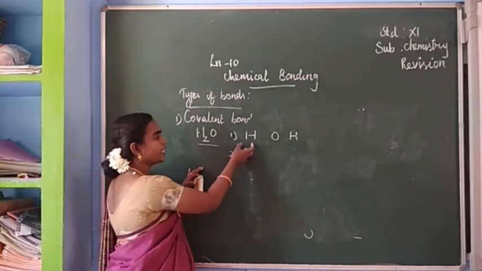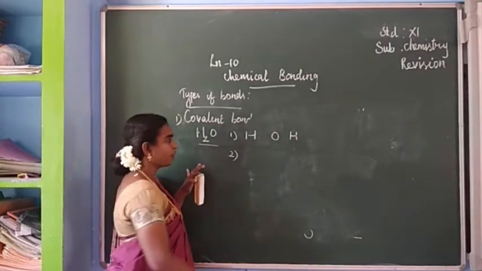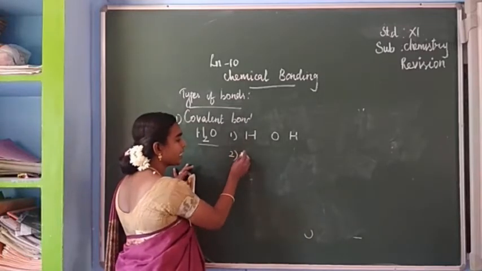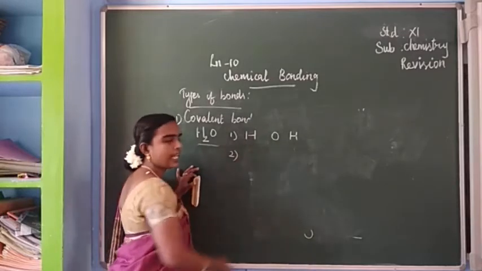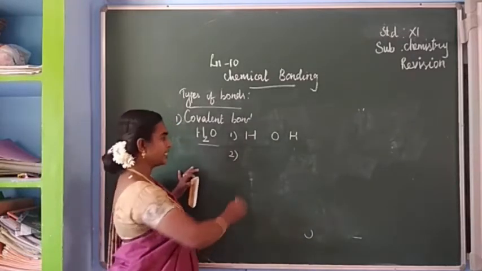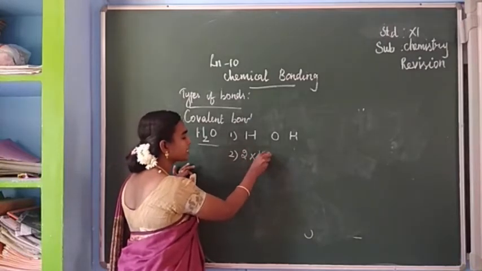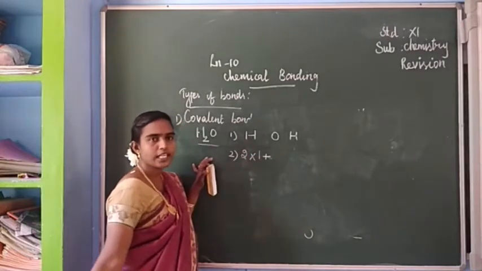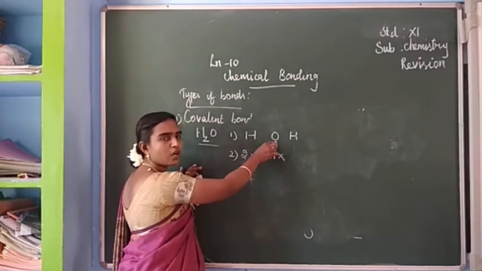So next step, we have to find out the total number of valence electrons present in a particular compound. So here hydrogen has 1 valence electron, we know that. How many hydrogen atoms are present? 2 hydrogen atoms are there. So 2 into 1 plus how many oxygen atoms are there? 1 into, so what's the atomic number of oxygen?